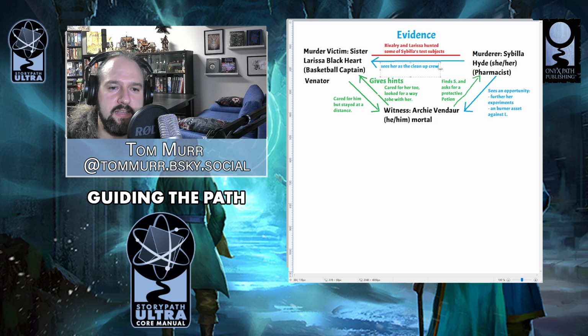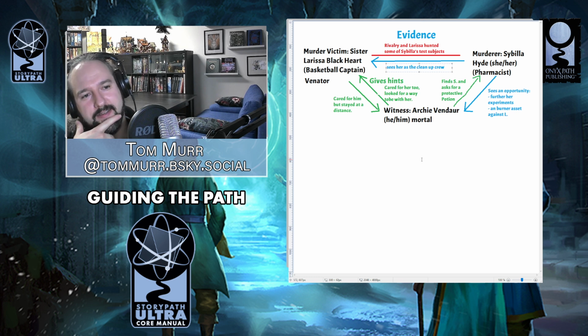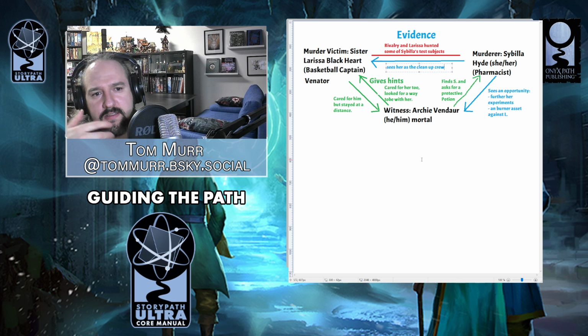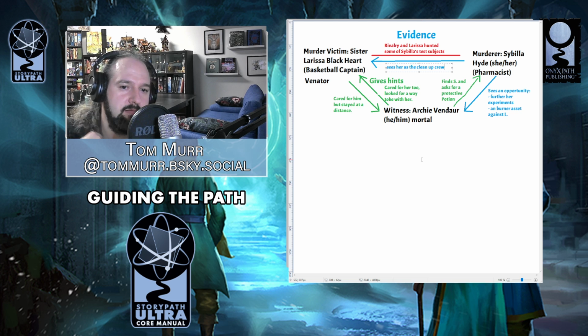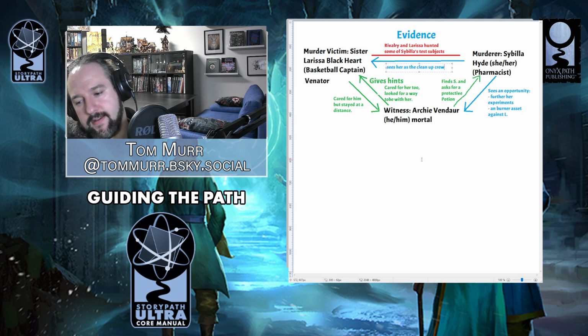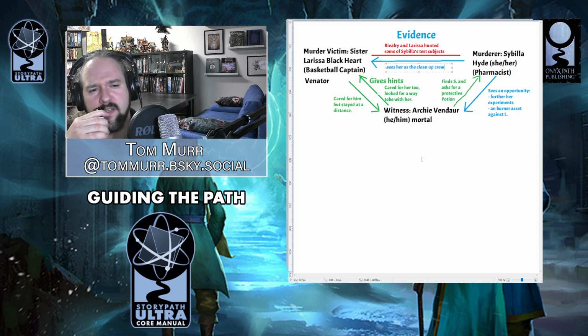And you can already see that Sibylla is a little bit more absolutely detached from humanity, because she just lets her test subjects run around and risks the life of the Venators instead of taking care of the shit herself. Yeah, this is great. Okay.